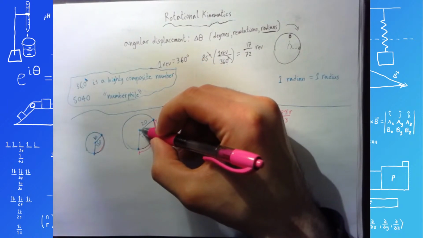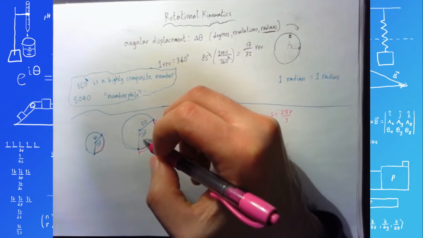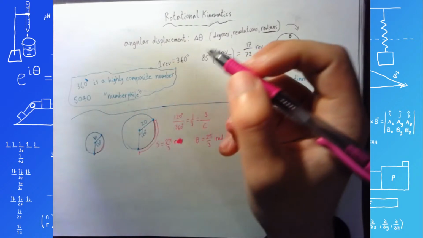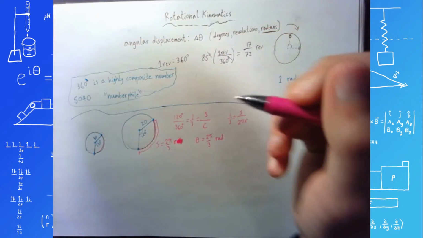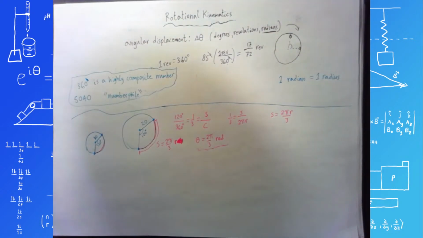And that'll work regardless of whether your radius is 10 or 20 or 100 or 1 millionth or whatever you prefer. So this is basically why we prefer this radian measure.